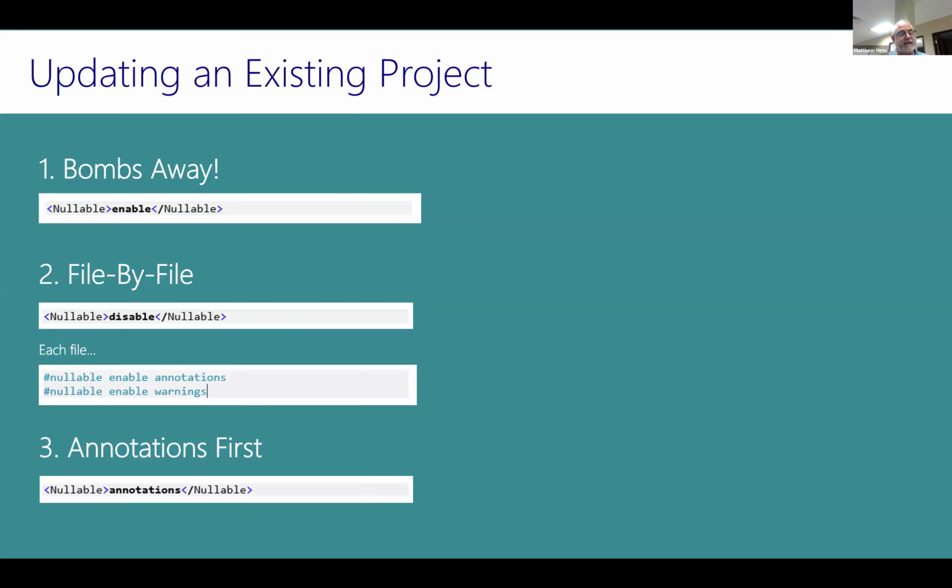So another slightly more controlled approach is just to go file by file. So disable it at the project level. And then in each file you want to treat, you can actually turn on nullable enable annotations and nullable enable warnings. These two pragmas in a file has the effect of just saying enable for a single file.